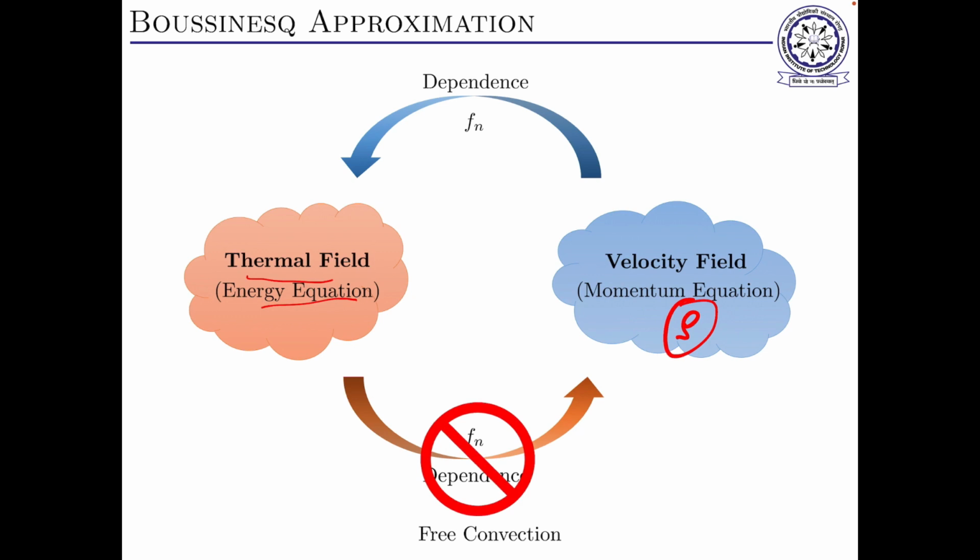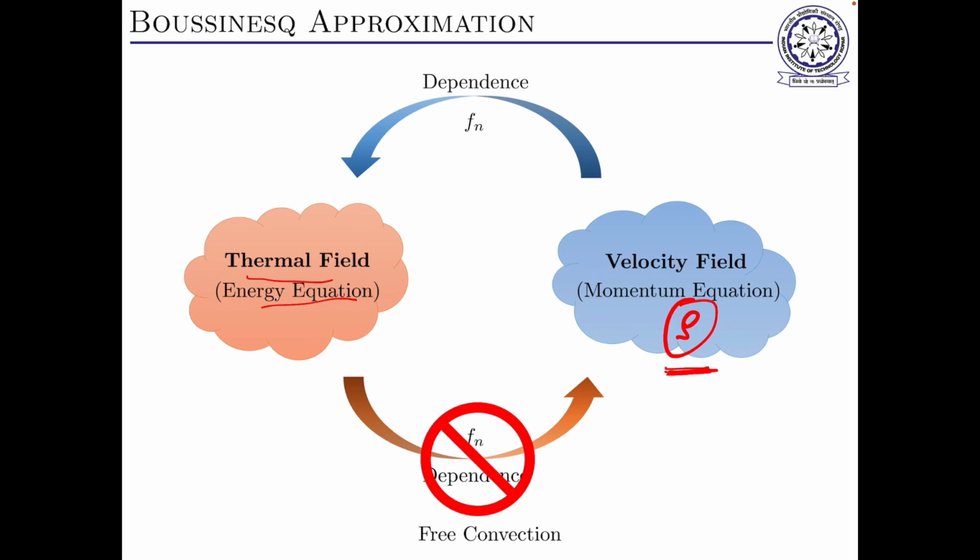What happens is that this density is not that important in some places. The only major or very important part, which is the driving force, is the body force. So density is taken as a constant in some places, but it is taken as a variable in the body force. Body force is the cause of this motion.